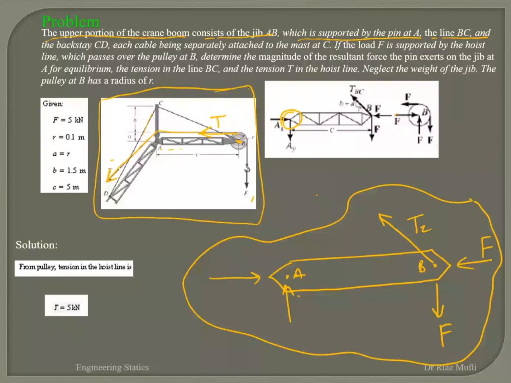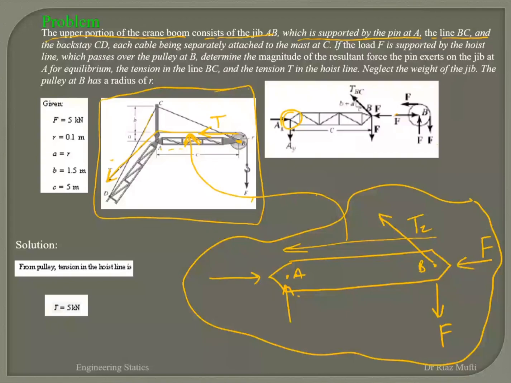Can I ask you the question, why I'm not showing the cable force? This one. Why I'm not showing this cable force on the free body diagram? Because it's not exactly acting on the jib.